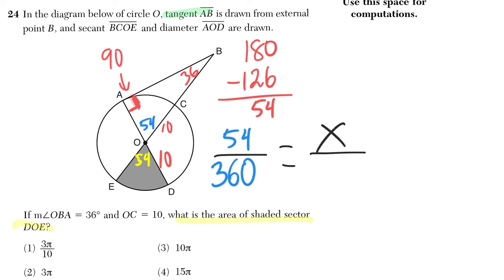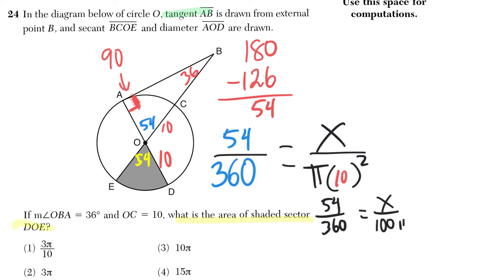And I know that the area of the entire circle is pi r squared. And in this case, r is 10. Amazing. So let's go ahead and simplify this. So it's going to be 54 over 360 equals x over 100 pi.